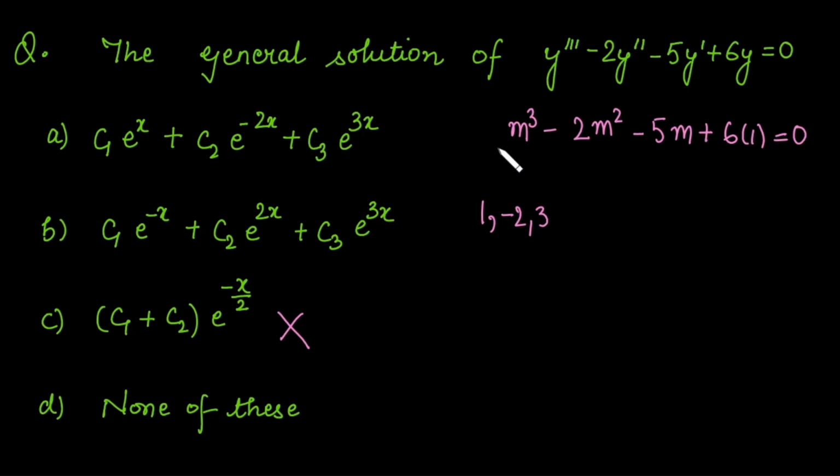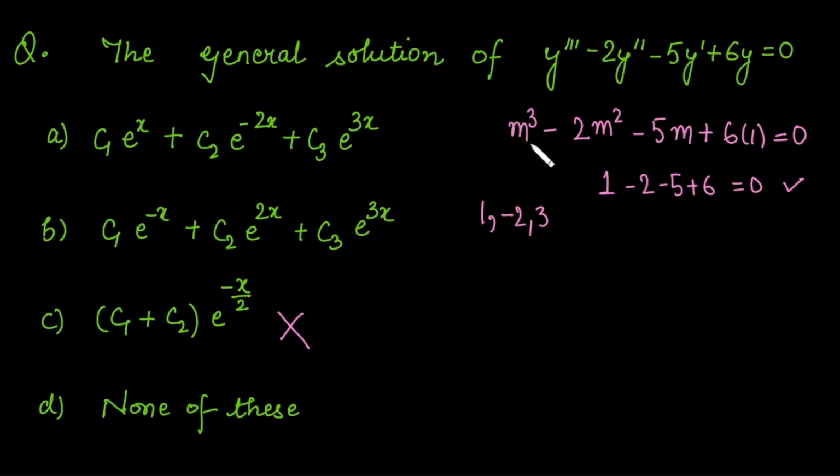So if you put m is equal to 1, what do we have? 1 minus 2 minus 5 plus 6. Is this equal to 0? Yes. So this can be the answer. Now, what about minus 2?